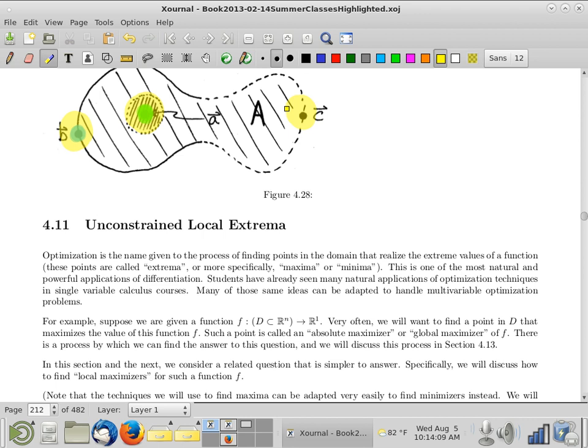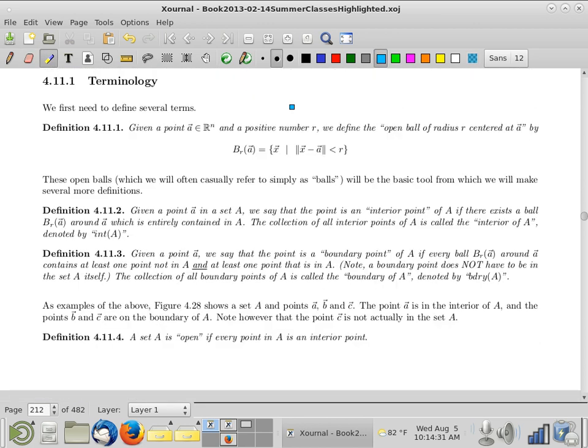So the point C is not an actual element of A, but it's on the boundary of A in the sense that no matter how small this ball is, it hangs over the edge. But it also includes always, no matter how small it is, at least one point in A. So also a boundary point. But we don't care about it because it's not in the set.